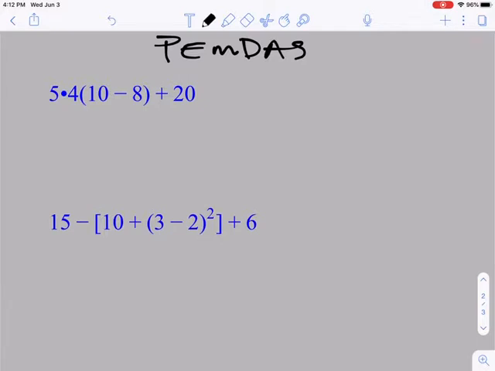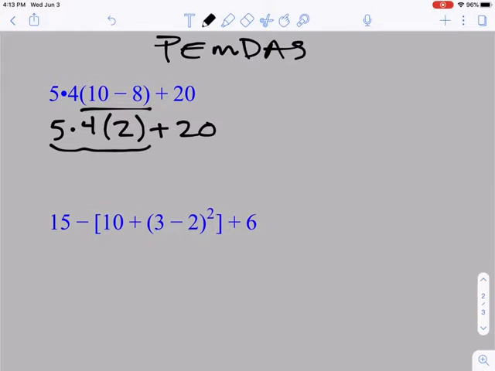It's not that complicated. So on this one, the only grouping symbol we've got to deal with is this one right here. So we go 5 times 4, and then we do the operations that are in there. The only operation inside this is 10 minus 8, right? So then you have 2, and then you have plus 20. The rest of the problem is pretty straightforward, because you've got 2 multiplication problems in this part right here.